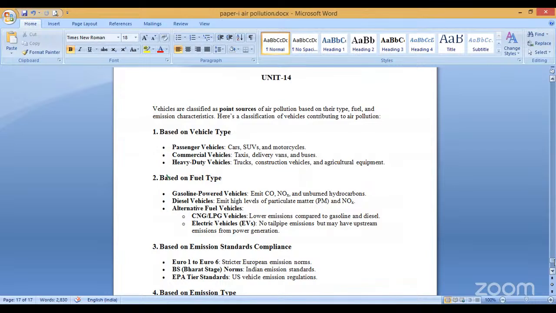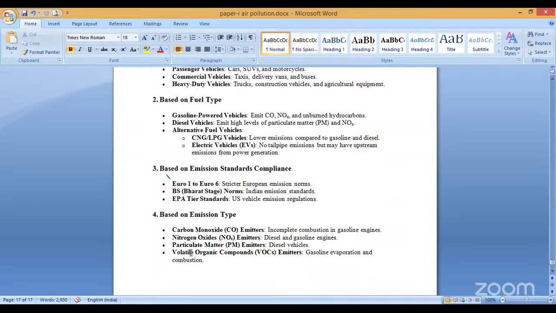Electric vehicles have no tailpipe emissions, but may have upstream emissions from power generation. Then next is based on emission standard compliance: Euro 1 to Euro 6, strict evaporation emission norms, Bharat Stage norms and Indian emission standards, and European and US vehicle emission regulations.